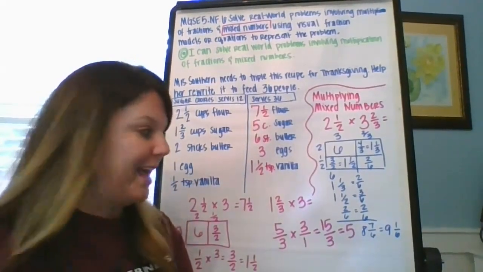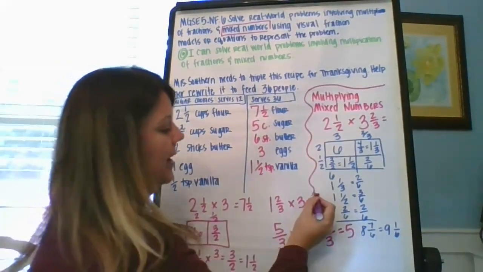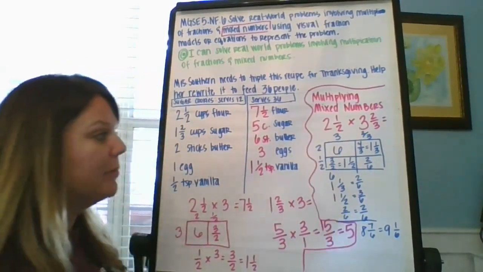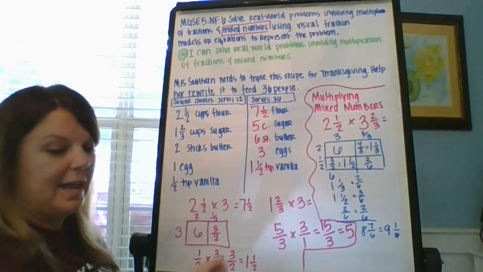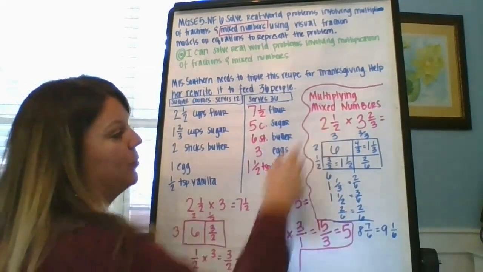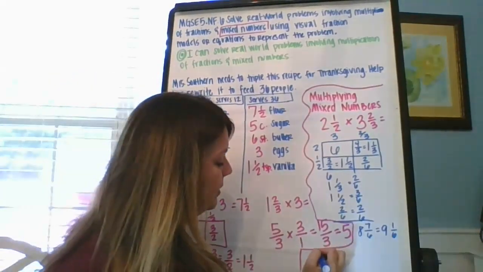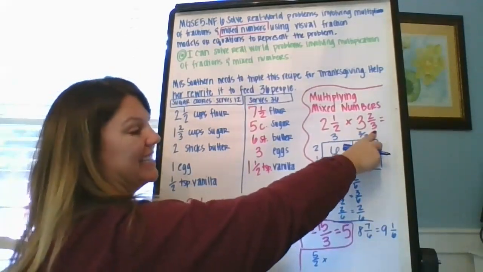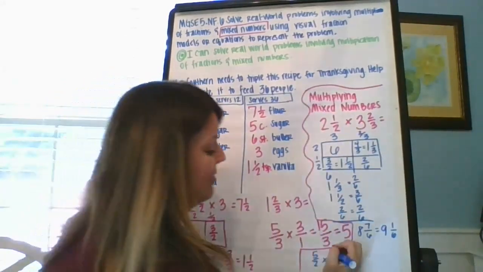If I do it where I change it to an improper fraction, then I would get this. 2 times 2 is 4, plus 1 makes 5 halves, times 3 times 3 is 9, plus 2 makes 11/3.